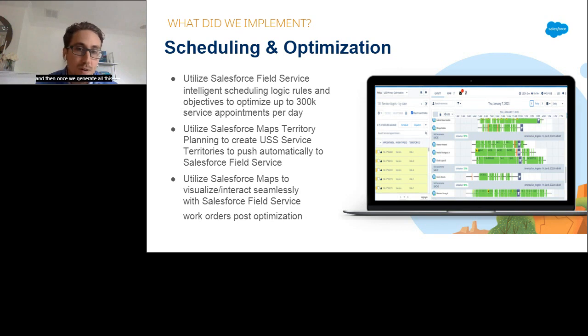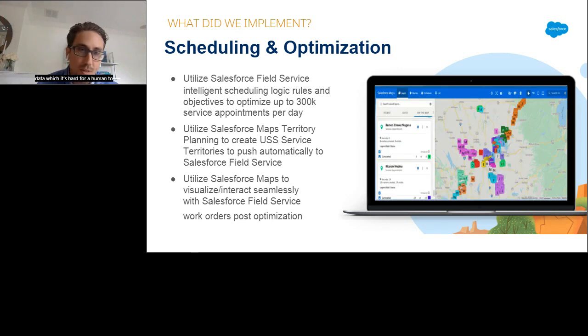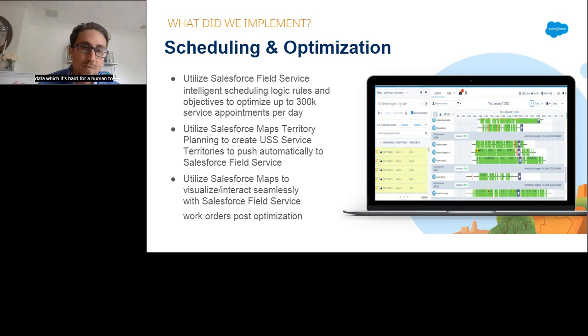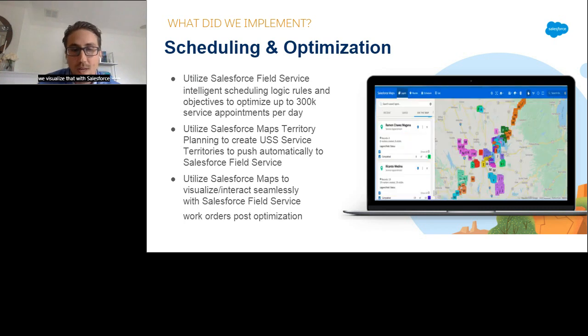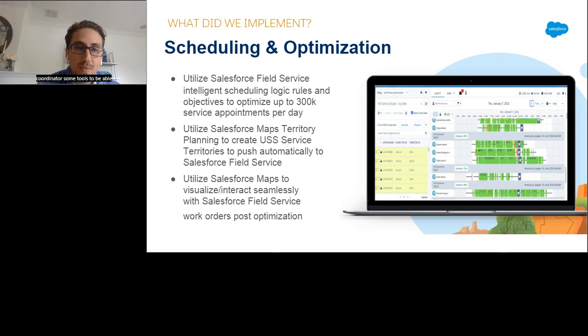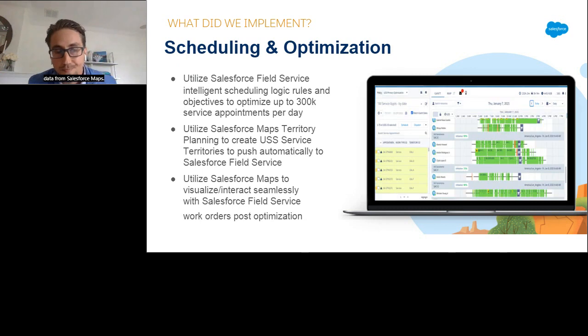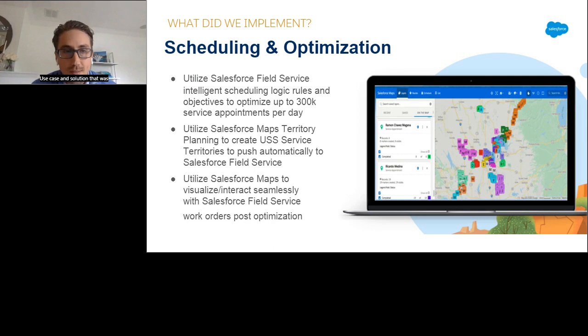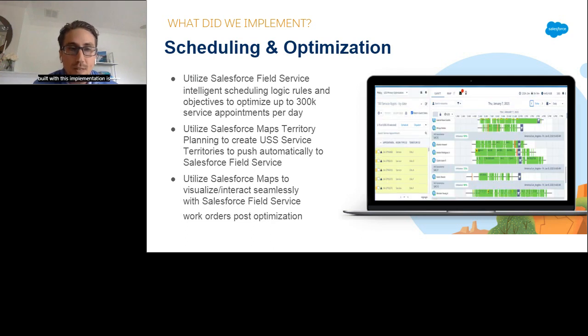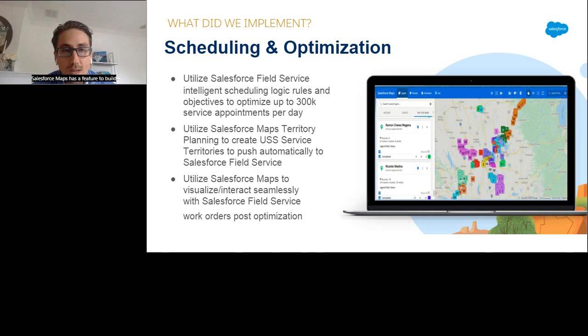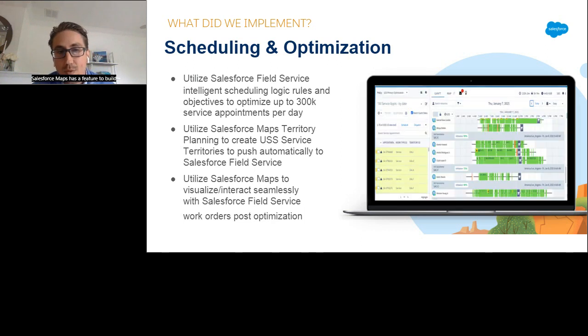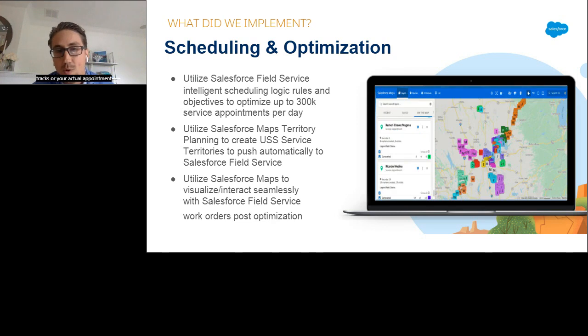And then once we generate all this data, which it's hard for a human to really understand what's going on, we visualize that with Salesforce Maps. And also we've given the ops coordinator some tools to be able to actually directly update the data from Salesforce Maps. So one other interesting use case and solution that was built with this implementation is Salesforce Maps has a feature to build territories based off actual census tracts or your actual appointment data.